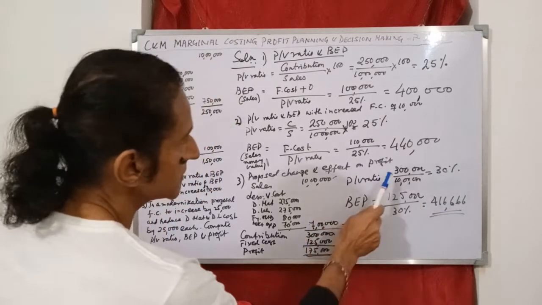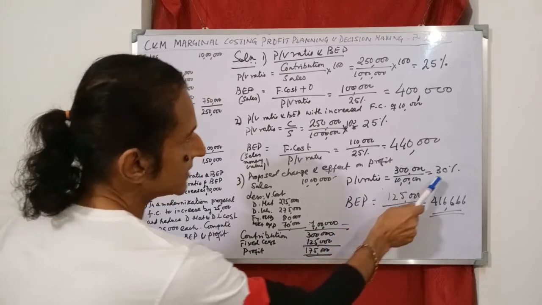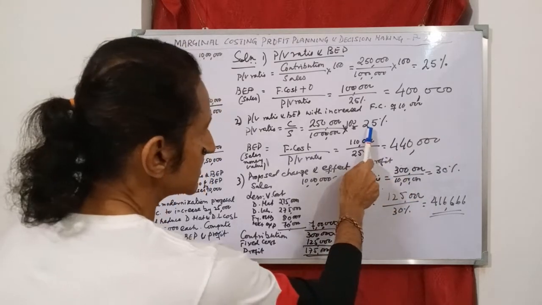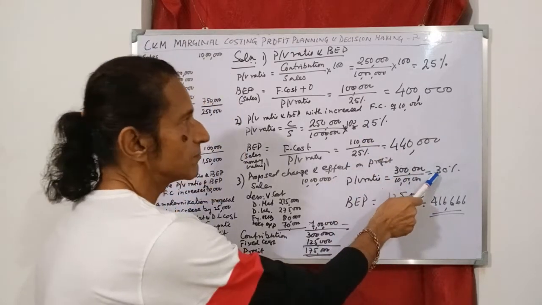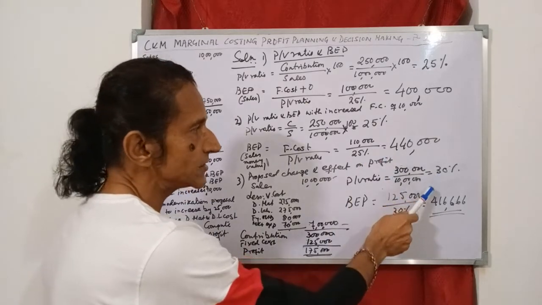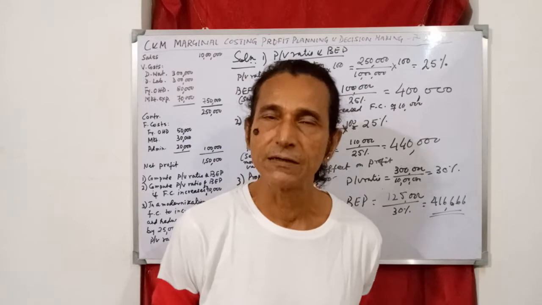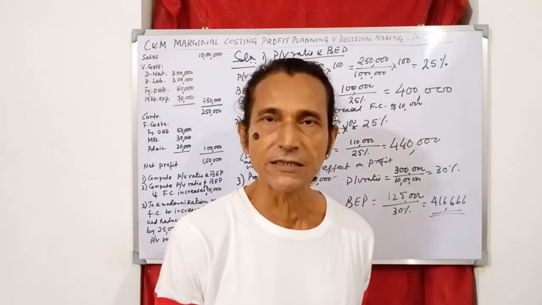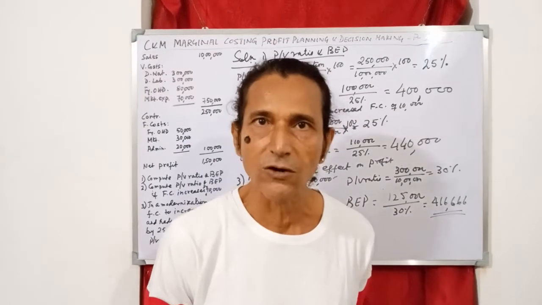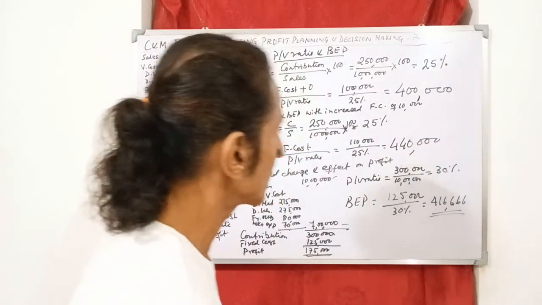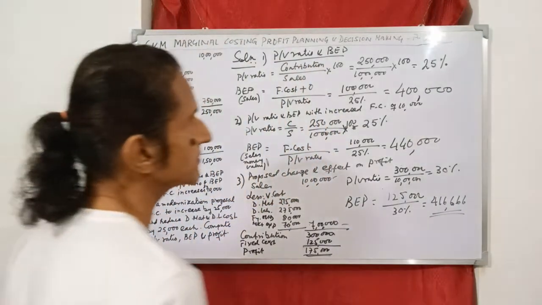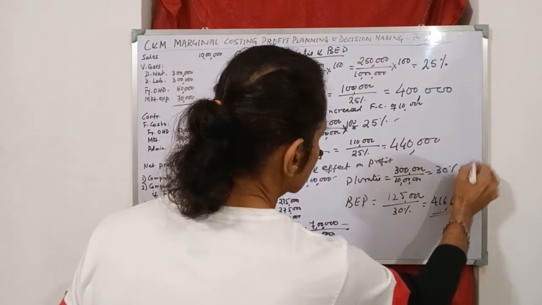So PV ratio is contribution by sales, that is 30%. Previously it was 25%. Now it has increased by 5 percentage points to 30% as a result of reduction in variable cost, that is reduction in direct material cost and direct labor cost. So PV ratio has increased from 25% to 30%.